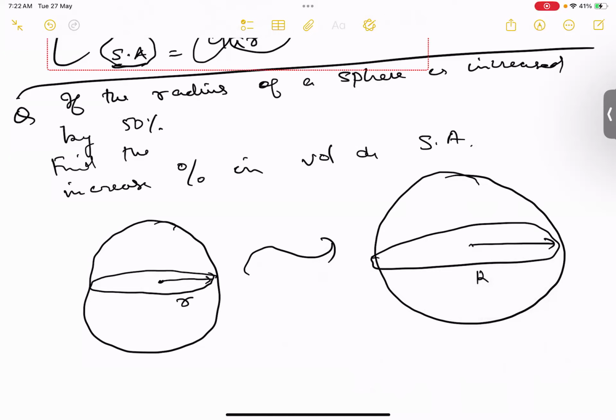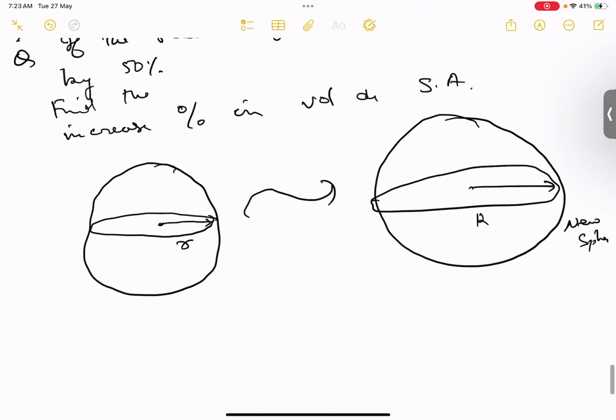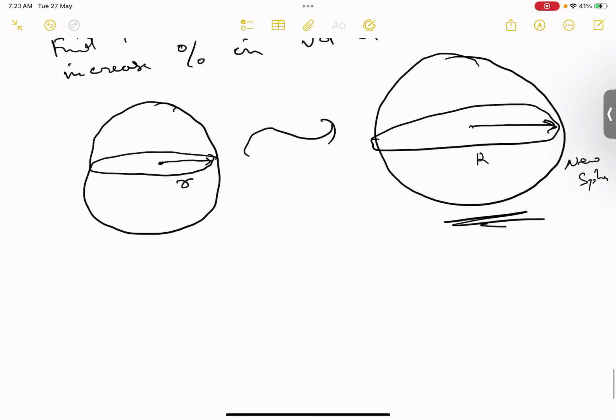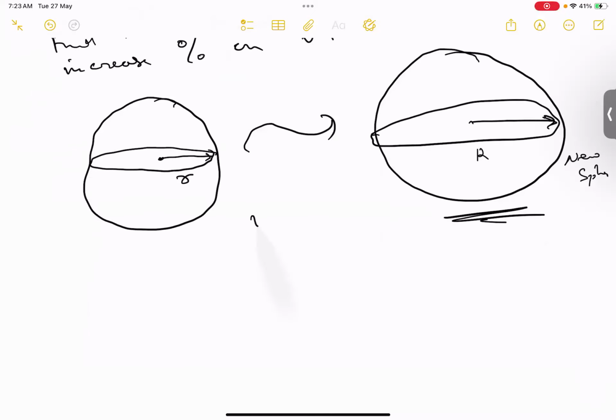Now we have to find how much there has been an increase in the volume and surface area in the new sphere, okay? Once more, there is a sphere and we'll consider the radius as r. Now this radius has been increased by 50% in the new sphere. We just have to see how much there has been a change in the volume and the surface area. So it's something related to volume, surface area, and percentage.